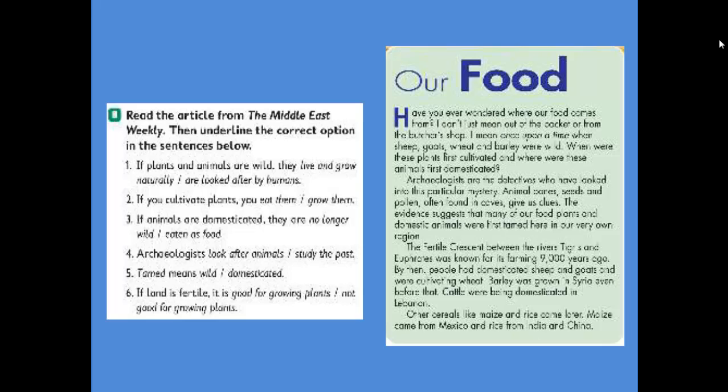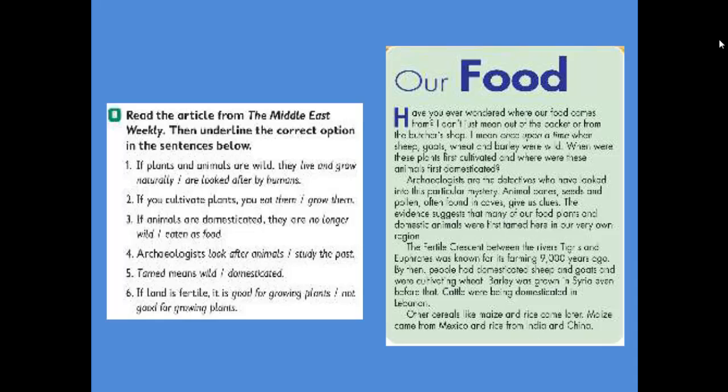9,000 years ago. By then, people had domesticated sheep and goats and were cultivating wheat. Barley was grown in Syria even before that. Cattle were being domesticated in Lebanon.